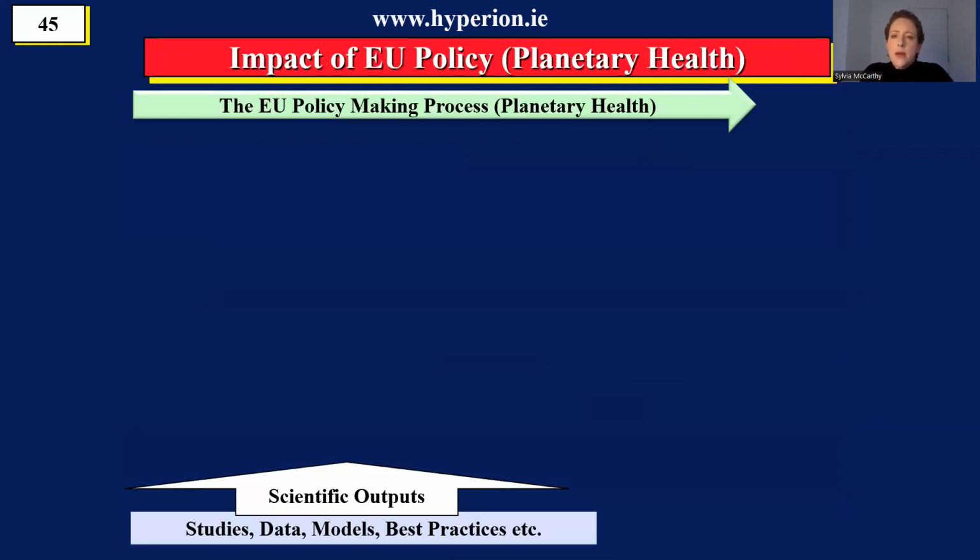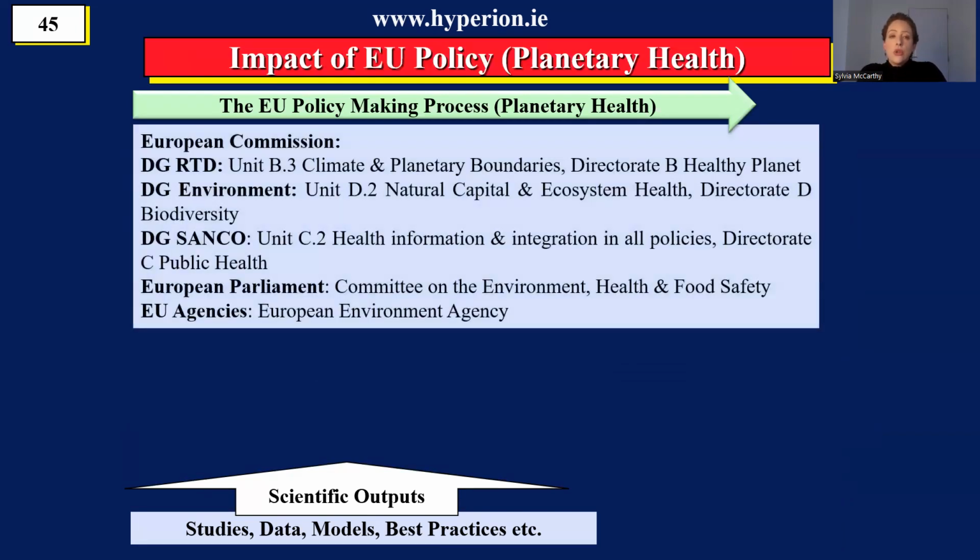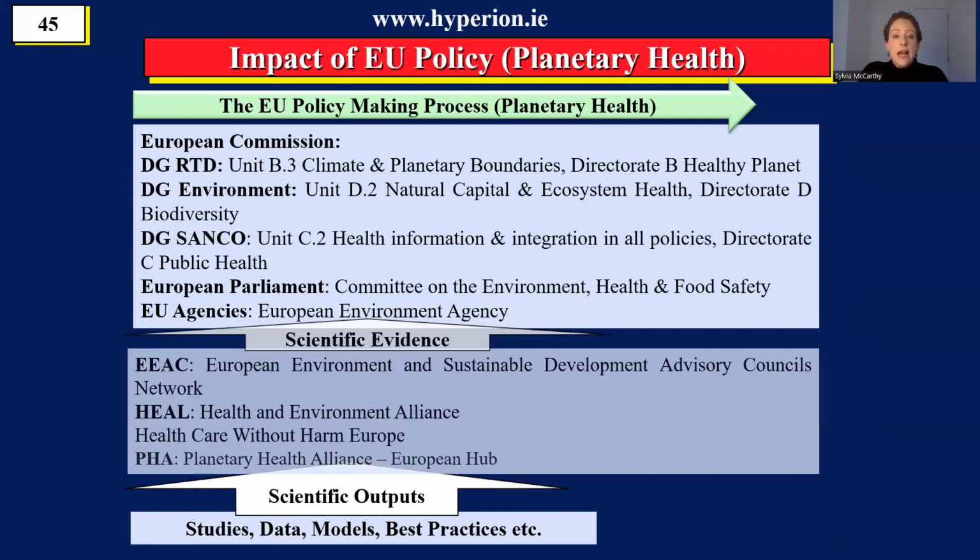Going back to that topic on planetary health, the policymaking process, who's going to care about the outcomes of your proposal? They're the different units within DG Research, DG Environment, the committees in the European Parliament, the agencies. And there are the potential impact partners.